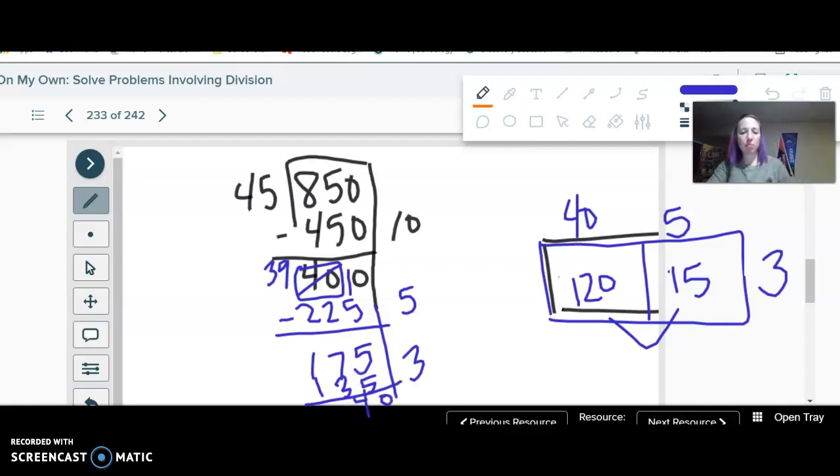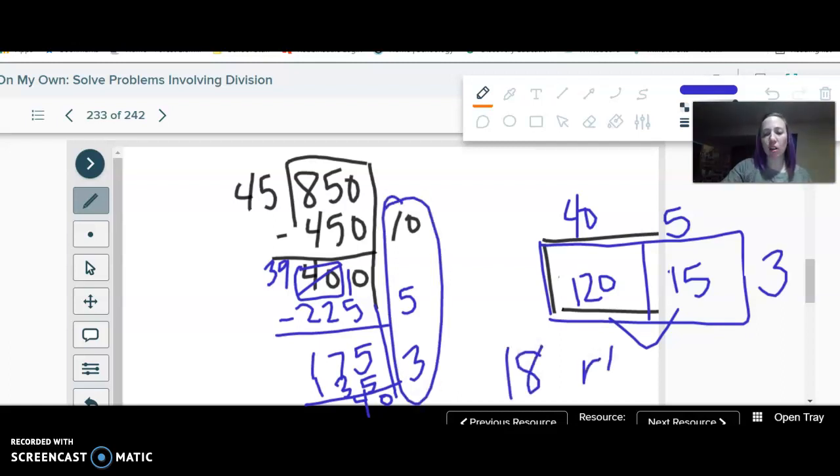Thankfully, you'll have bigger room, either on your paper or whiteboard. So 40. So I can't fit another group, right? So here's what I'll get. 18 remainder 40. It's okay that I have a big remainder because it's still less than my divisor out here, which is fine. I can't fit another group of 45.